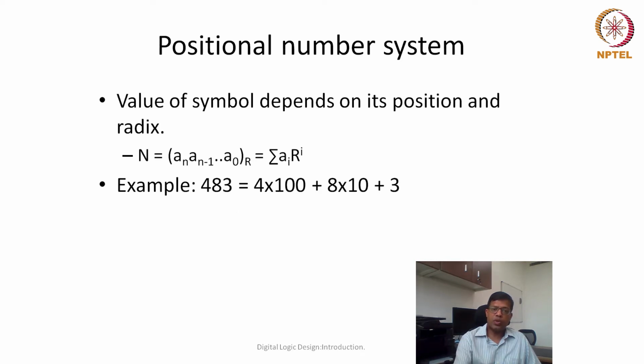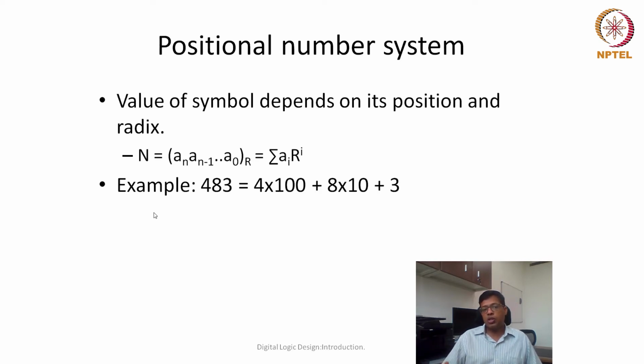As we go from right to left, the LSB will always be the units place, and from the LSB as we go towards the MSB, the power of the base will keep incrementing by 1. Here the power of the base is 1, here the power is 2. So 10 to the power 2 is 100. We keep on going like this.